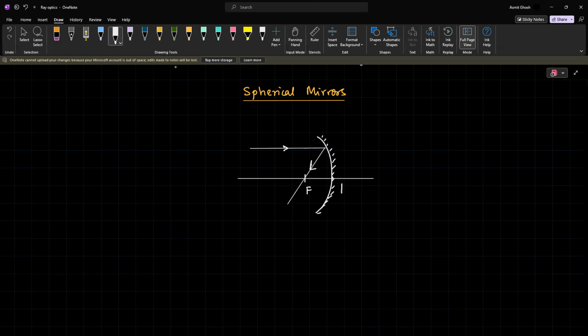This is the pole, and twice the focal length, we have the radius of curvature.